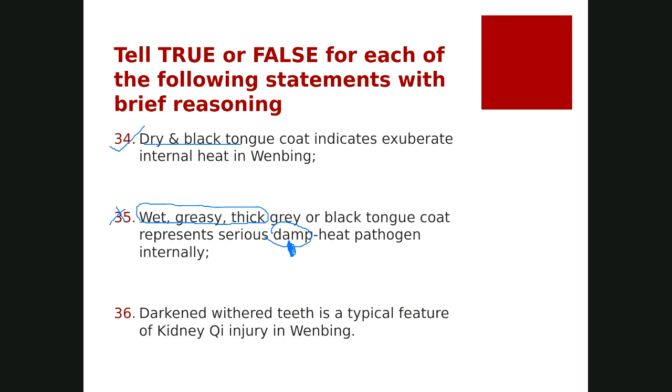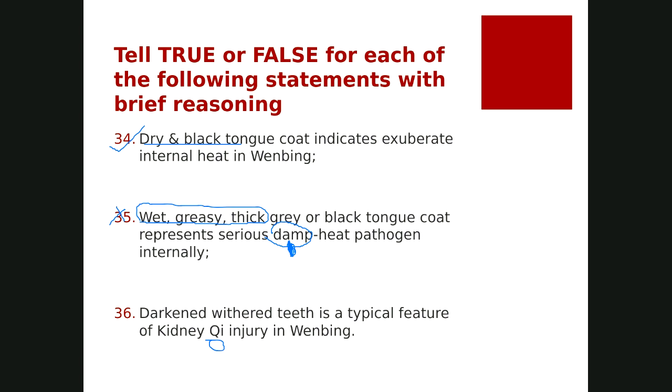Now, number 36. Darkened wizard teeth is a typical feature of kidney qi injury in Wenbing. So what should it be? Kidney yin or kidney jing? We know it's not qi, it's jing or yin.